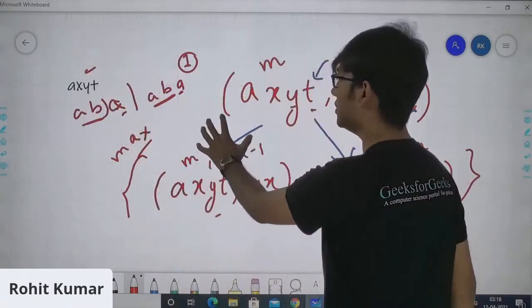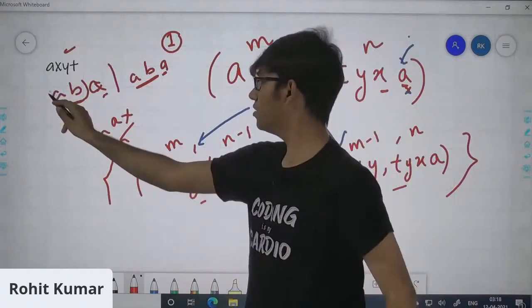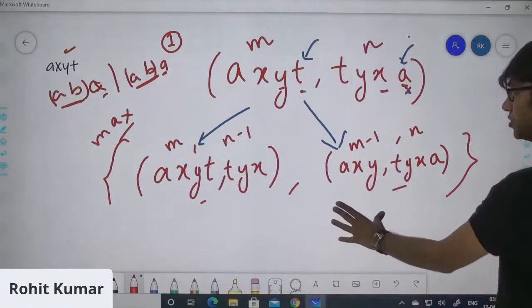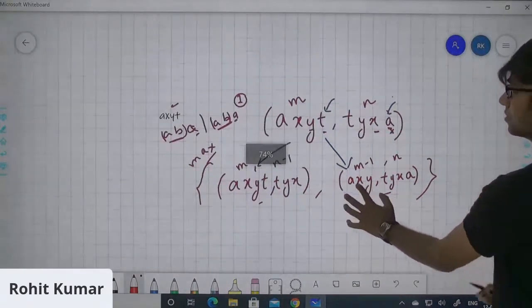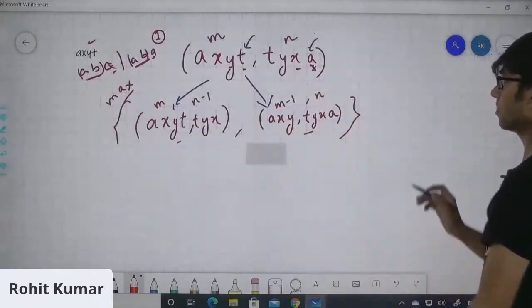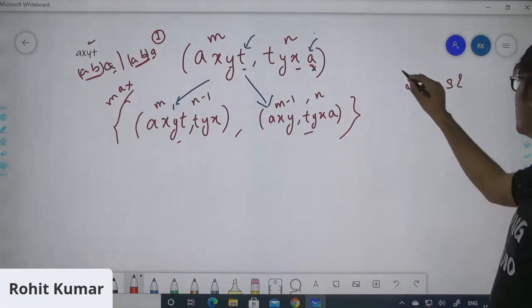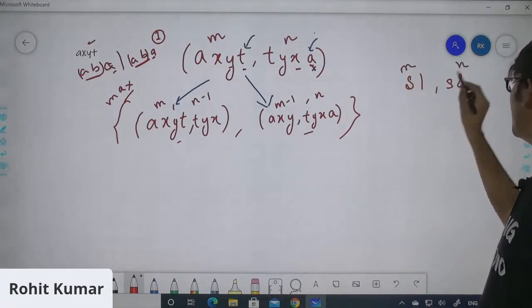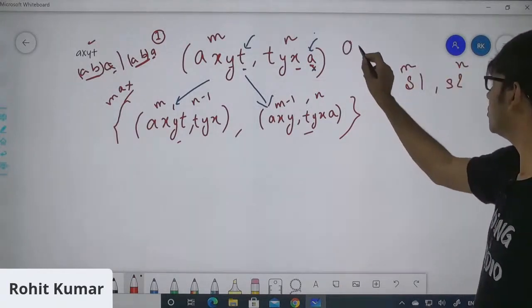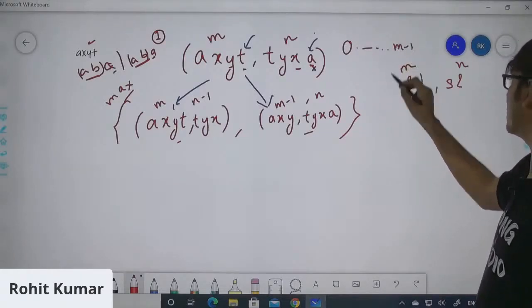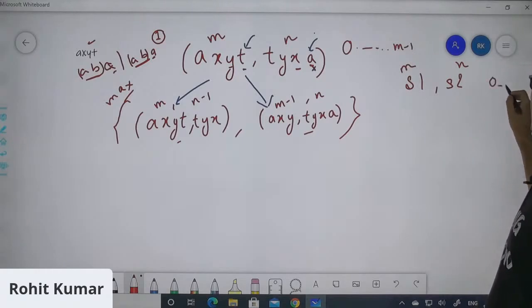So if I write it down, let me zoom this out a bit. If you have S1 and S2, let's say S1 is of length m and S2 is of length n, and as indexing goes from 0, for m the last character will be at m minus 1. Similarly for n, the last character will be at n minus 1, right?